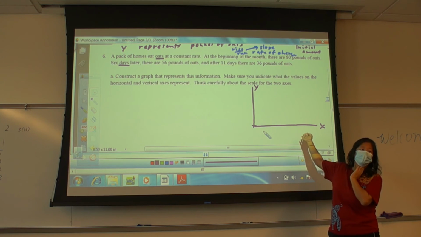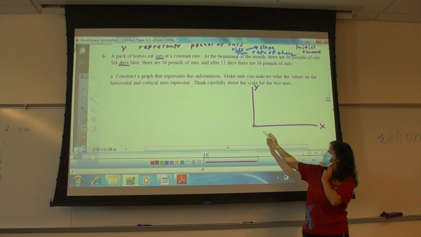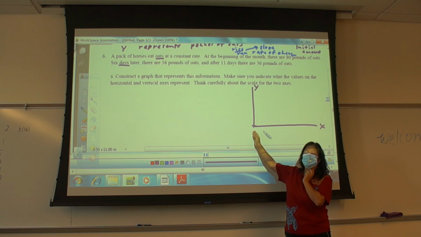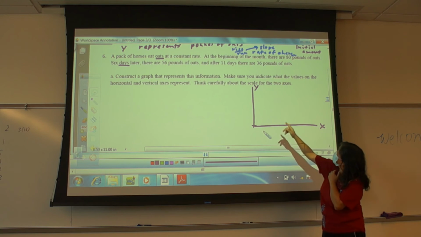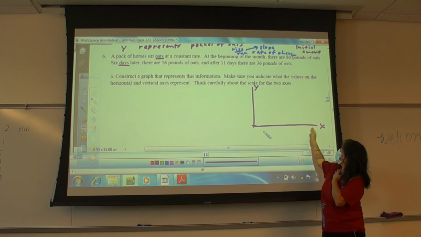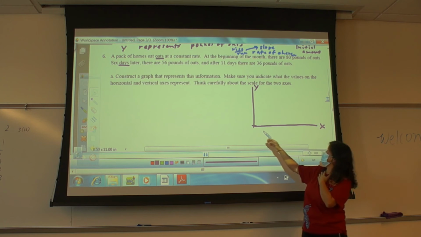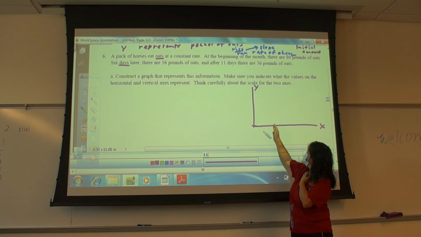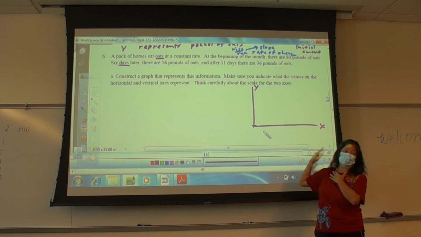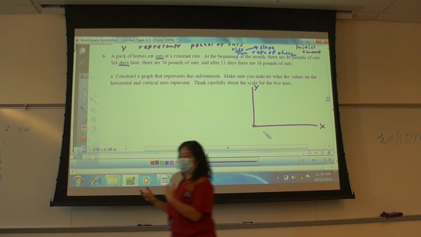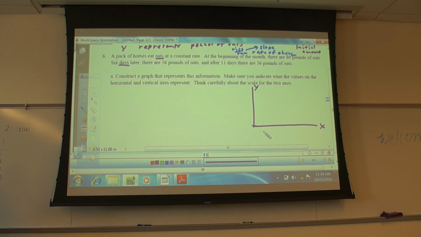Days. So I definitely start at 0 days. And then, I talked about 11 days, so maybe I might go to 15 or 20. I might give myself room to have 15, so I might go 0, 5, 10, 15. That seems reasonable enough. You've got to cover the numbers that we give you. This is days.